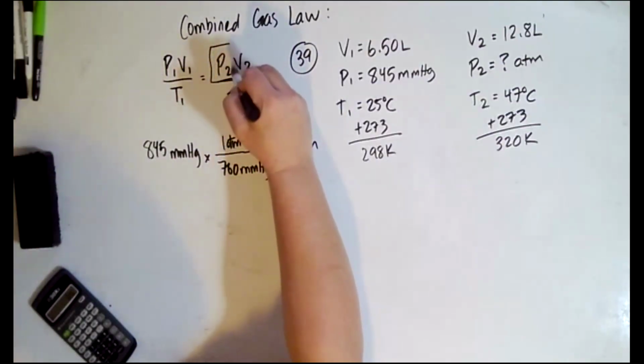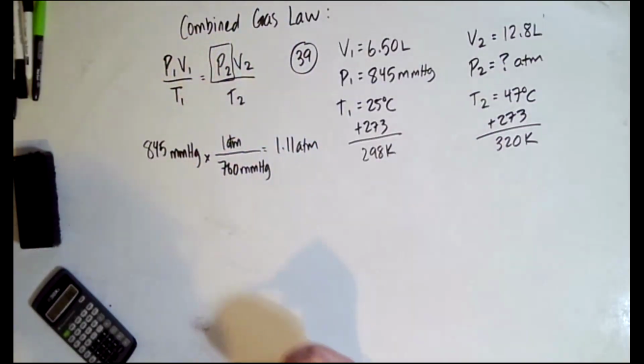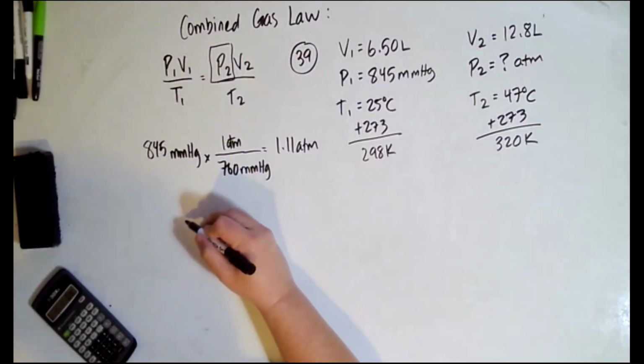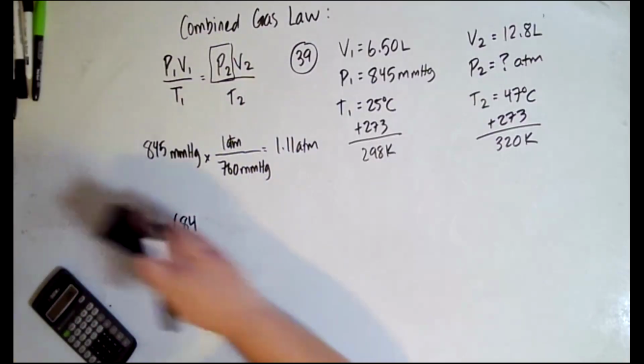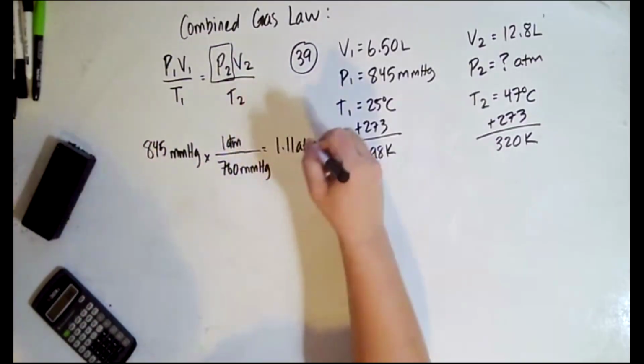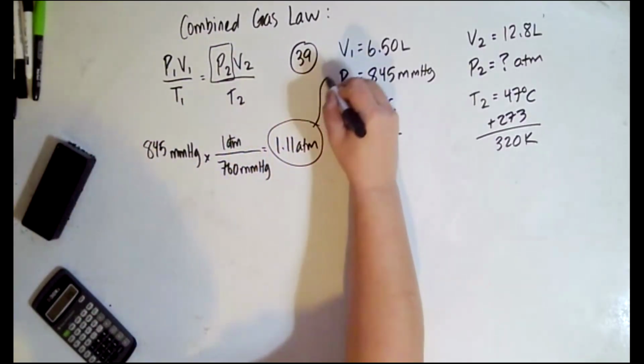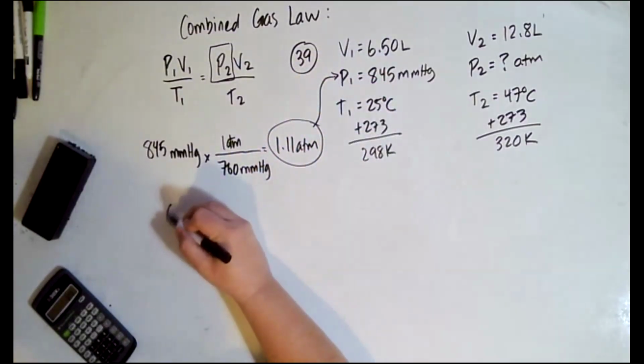In this case, our missing variable is going to be P2. So we'll have P1, which is the pressure that we switched into atmosphere already.